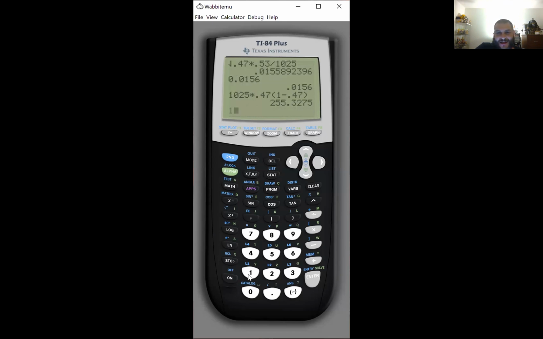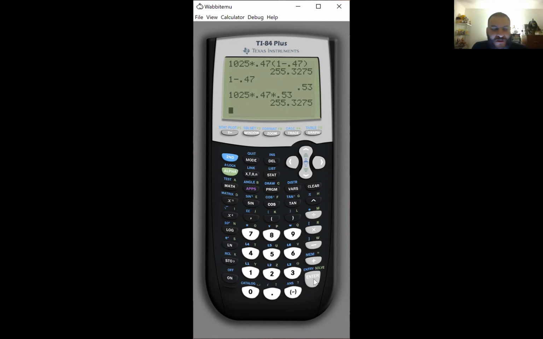Also, you really don't want to do 1 minus 0.47 there. All you do in the calculator first is 1 minus 0.47, which is 0.53. And then you go 1025 times 0.47 times 0.53, and then equal. You get the same answer.